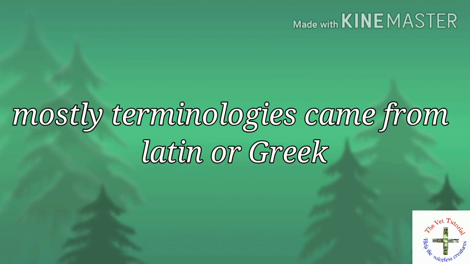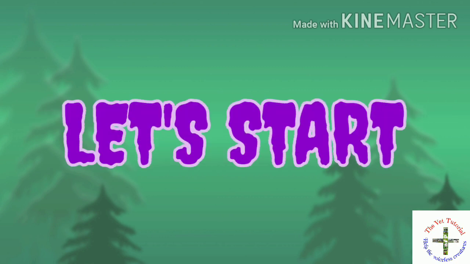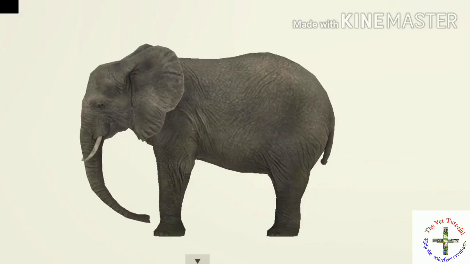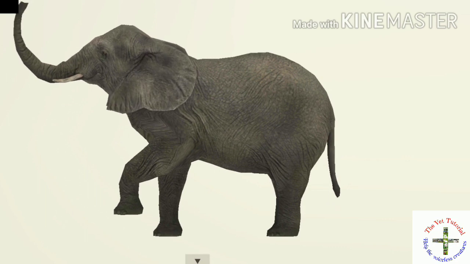Before we start, remember that all the terms we are going to study mostly come from Latin or Greek, which are used to indicate precisely the position and direction of different parts of the body. Let's start. As we can see, it is an elephant.